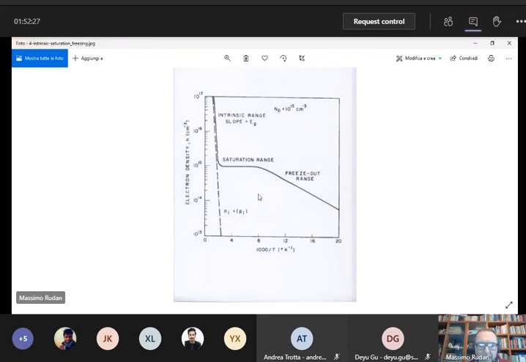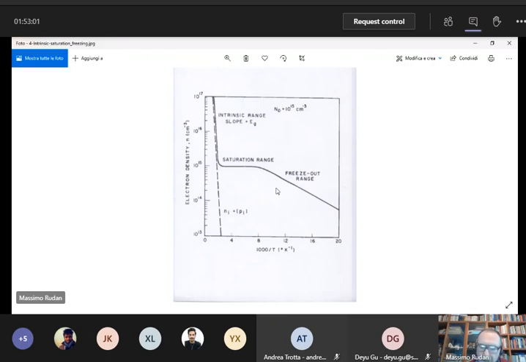When you decrease the temperature, so when you go to the right in this diagram, it happens that not all dopants are ionized. Some of them do not find the energy that is necessary to ionize. So some of the electrons that are in the dopant atoms cannot perform the transition into the conduction band.